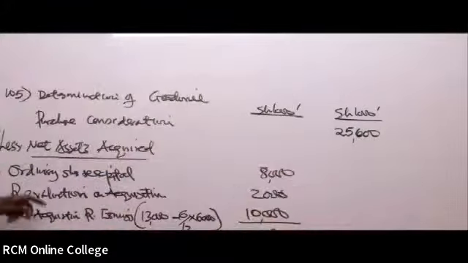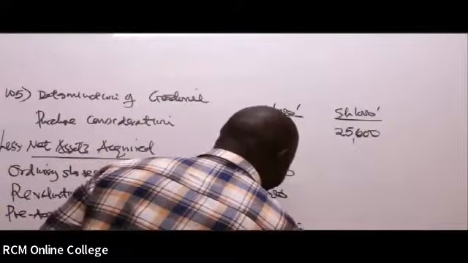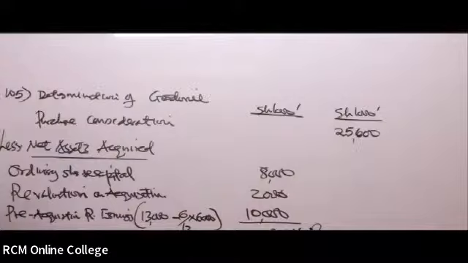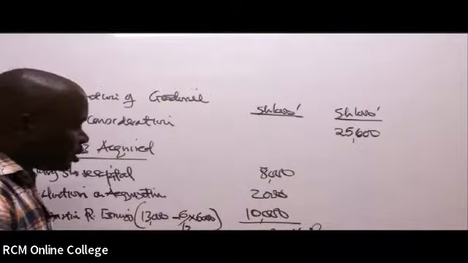So for us to know what the goodwill attributable to the holding company was, we take 60% of these net assets, which in this case you'll get 12 million.